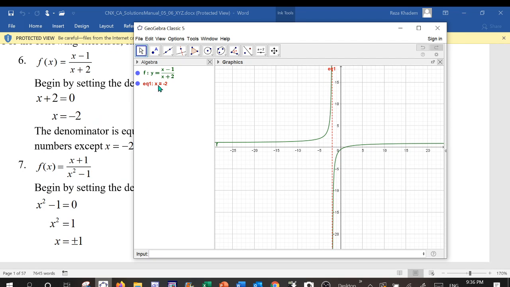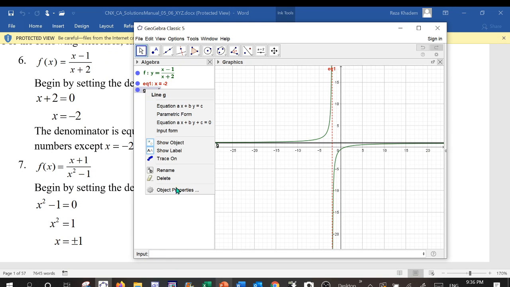Now also, we said that if the degree of the numerator is the same as the denominator, then we have a horizontal asymptote, which is y equals 1 over 1, right? Because they're the same. The leading coefficient of the numerator is 1, and the leading coefficient of the denominator is 1. So y equals 1 over 1, which is just 1. So y equals 1.